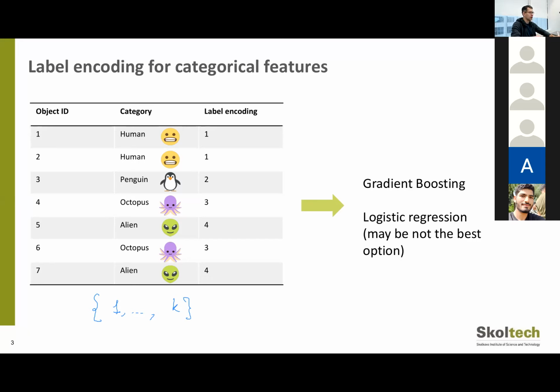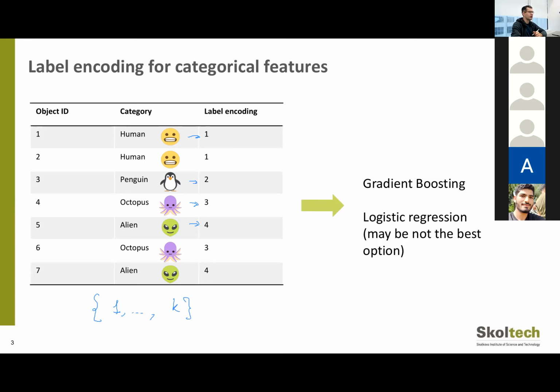For each category we have a specific number, from 1 to 4 in this example: each human corresponds to 1, each penguin to 2, octopus to 3, alien to 4. So we have our encoding in a very simple way.